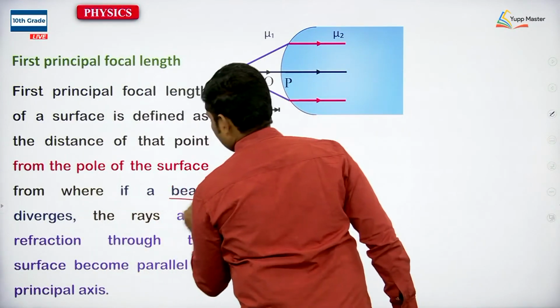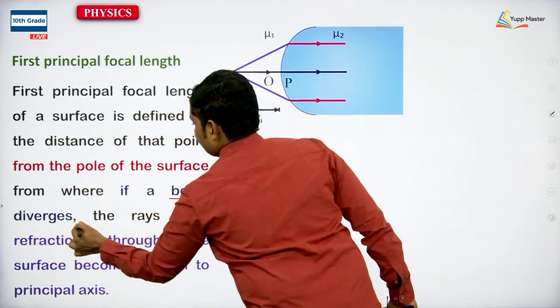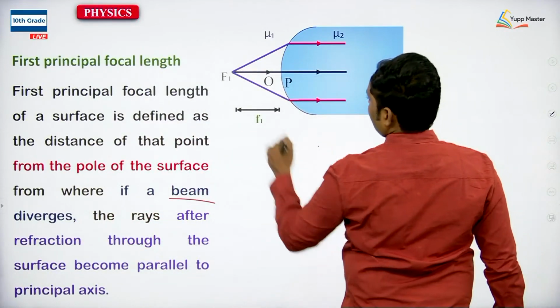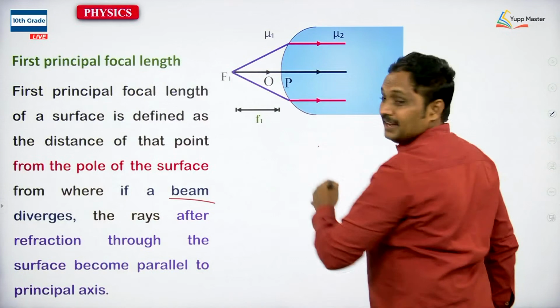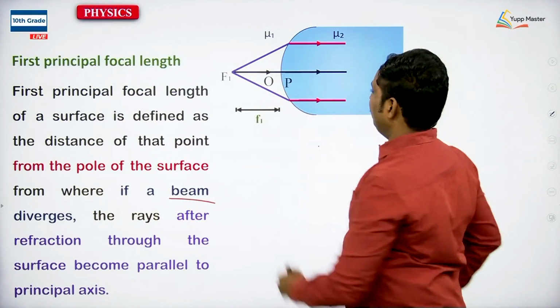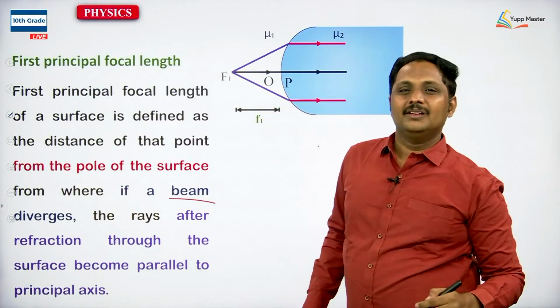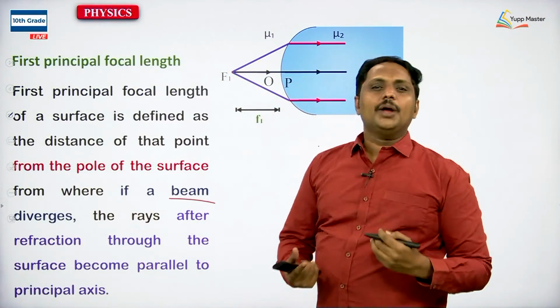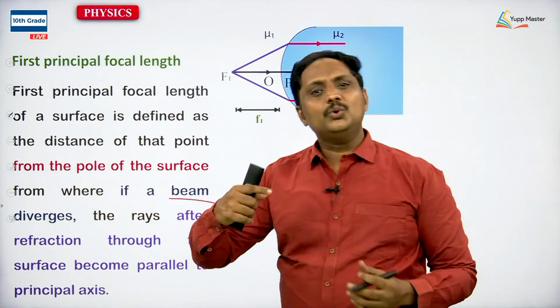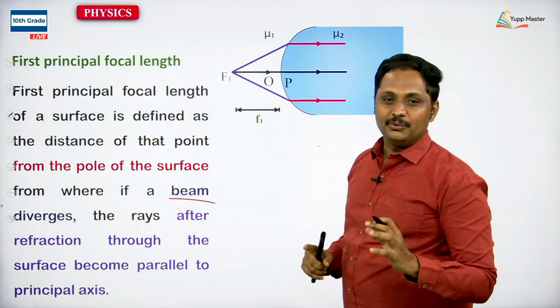It is very important: the beam diverges. From this point we have to take that. This is in case of convex. But in case of concave, it is the point where the beam is about to converge. You have to keep this point in mind.